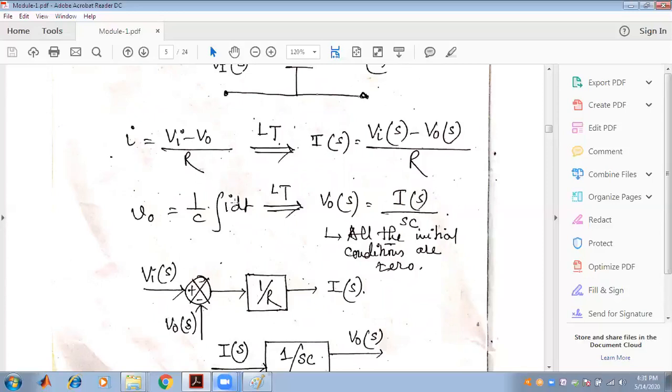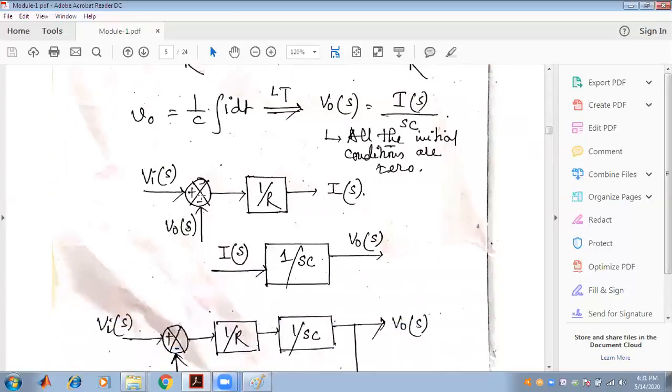And because we are doing the integration, converting the integration from the time domain to the Laplace domain, we are using SC.